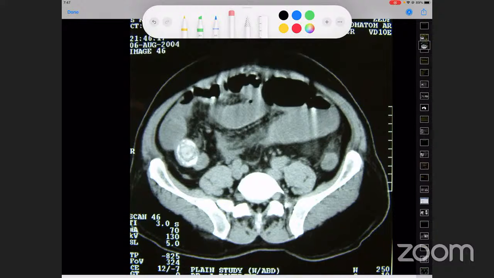Usually, the cutoff, this is also a theoretical thing, for jejunal loops should be less than 3 to 3.5 centimeters, that is 30 to 35 millimeters. Ileal loops should not be more than 25 to 30 millimeters.